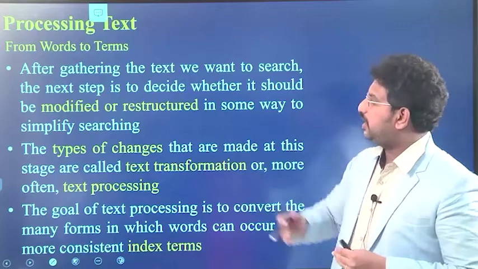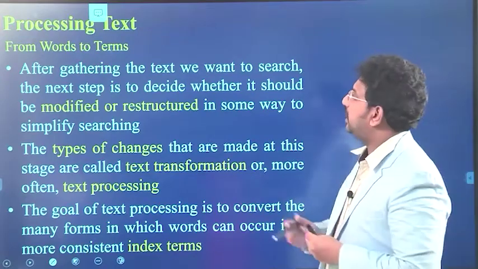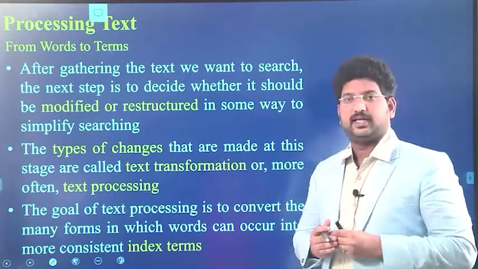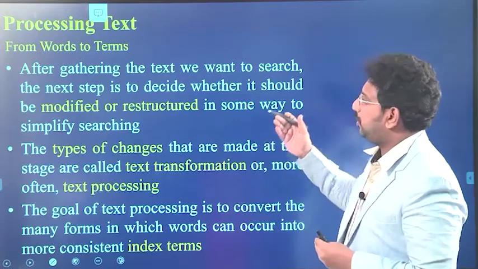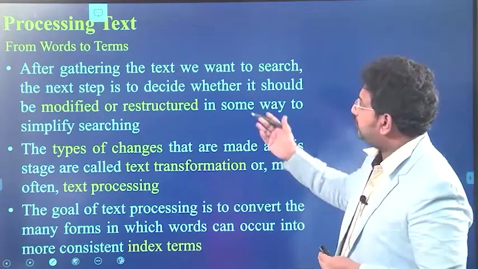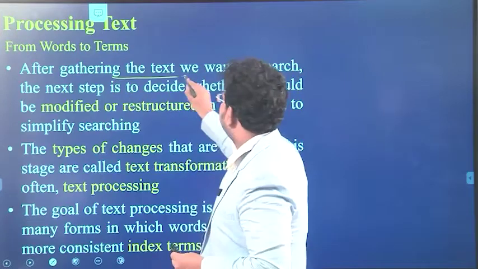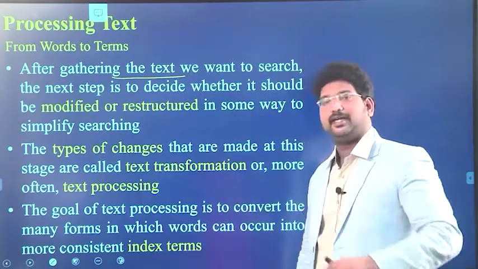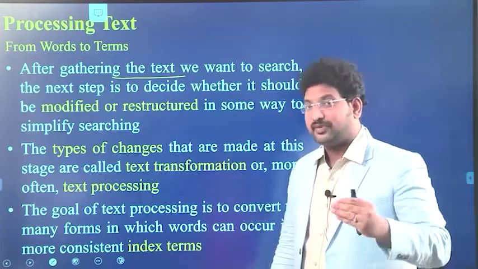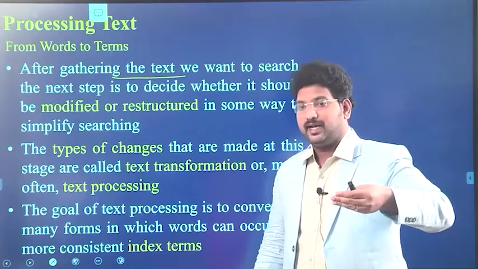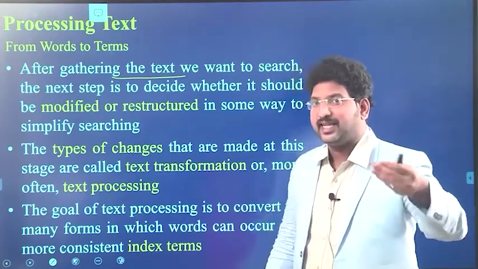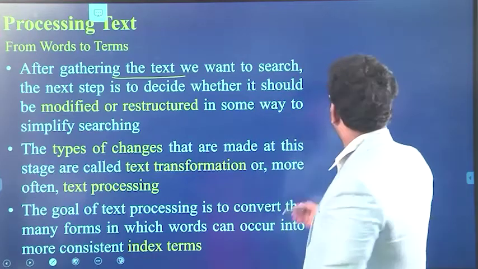Here, if you observe some of the points regarding the processing of text, you can understand what it is. After gathering the text, you need to remember: what is the first component present in the indexing process?